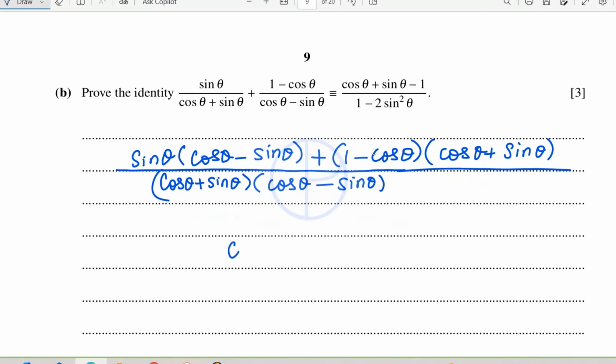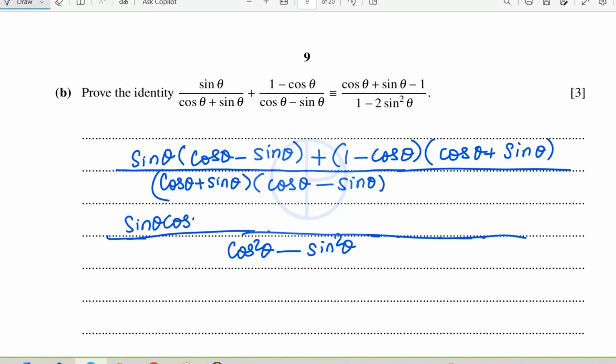So, cos square theta minus sin square theta. So, expand the brackets in the numerator. Sin theta cos theta minus sin square theta plus cos theta minus cos square theta plus sin theta minus sin theta cos theta.